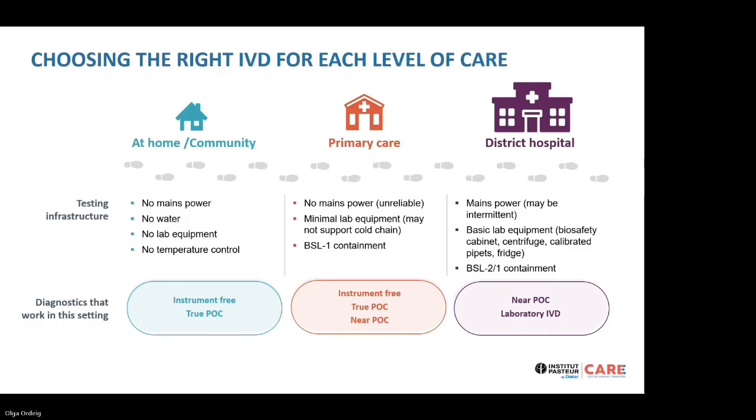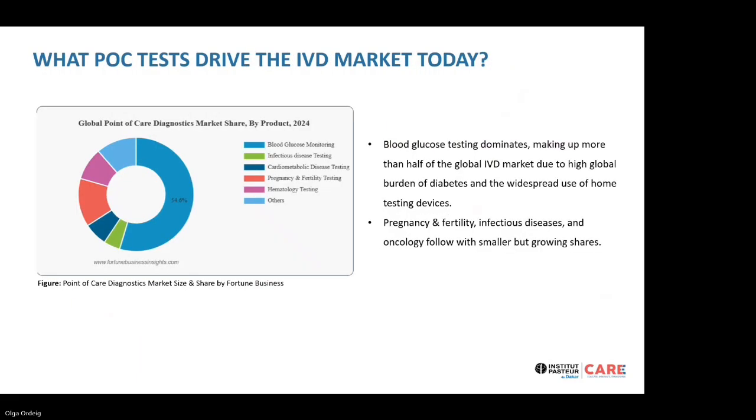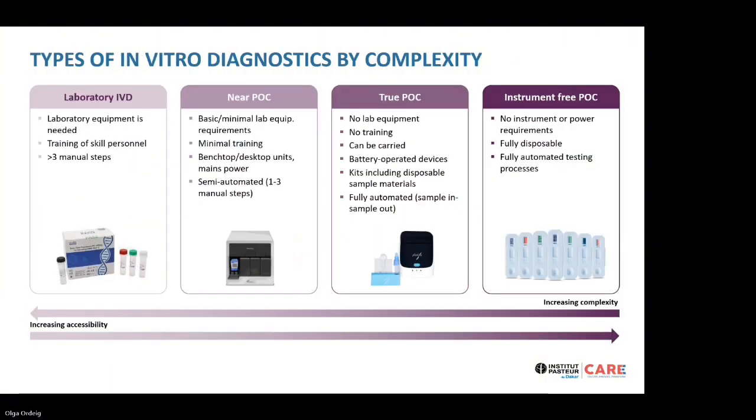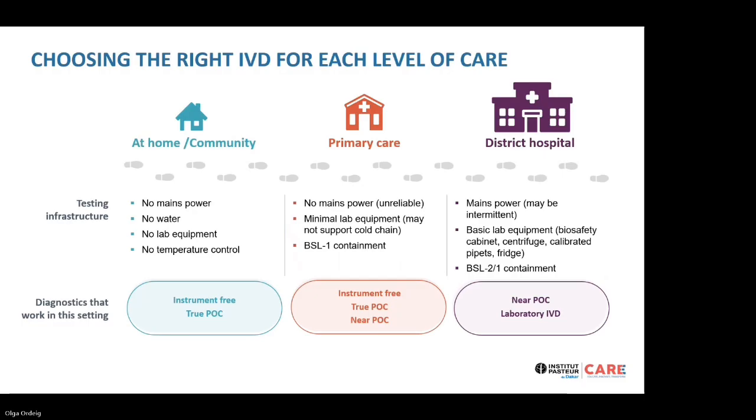We should not need water or equipment, no temperature control, and the personnel will have no training. So if we go back to the previous slide, we will see that we need to be on the right-hand side, right? So the most simple devices are the ones that are going to be relevant to the community.